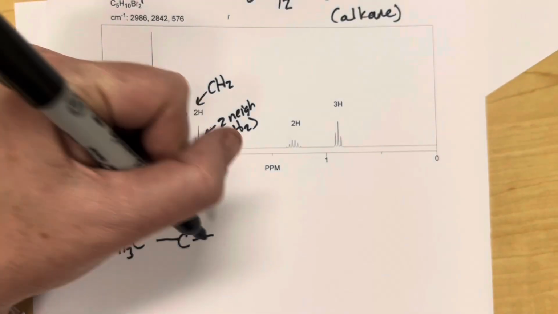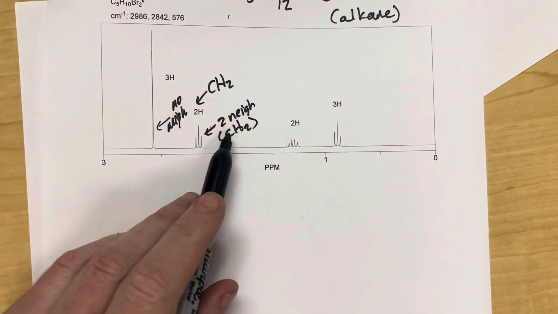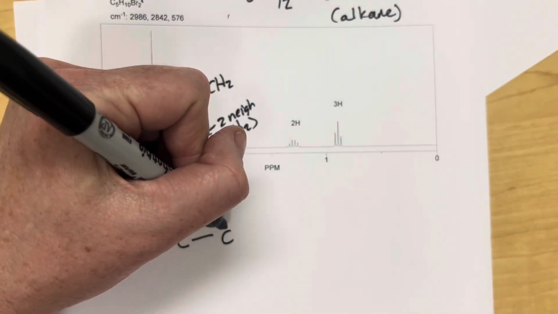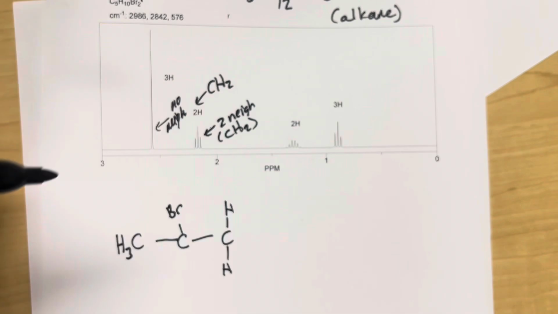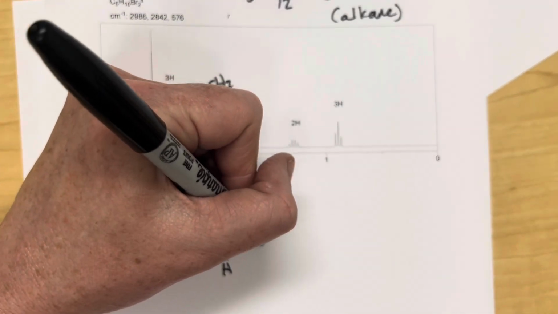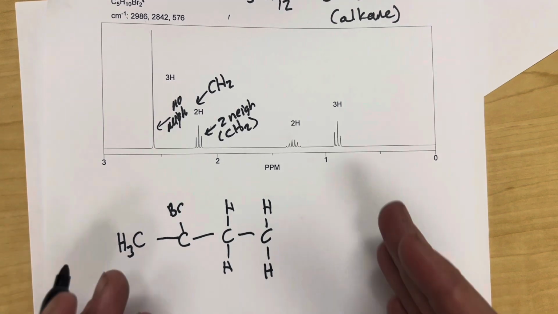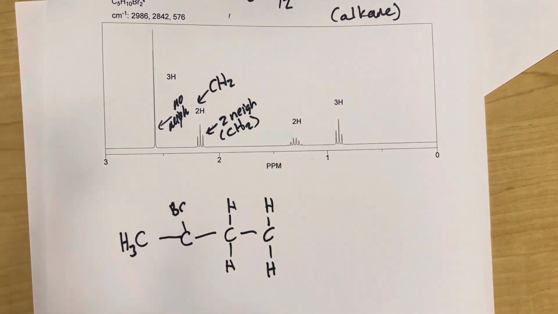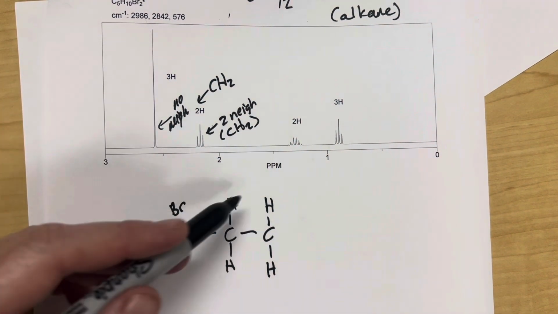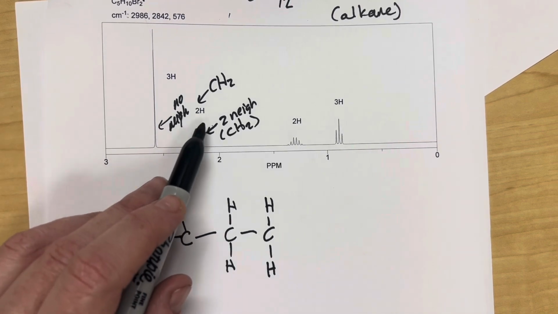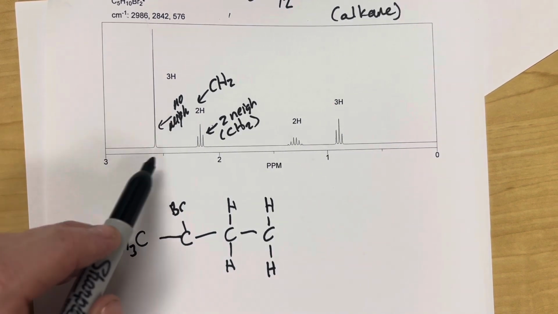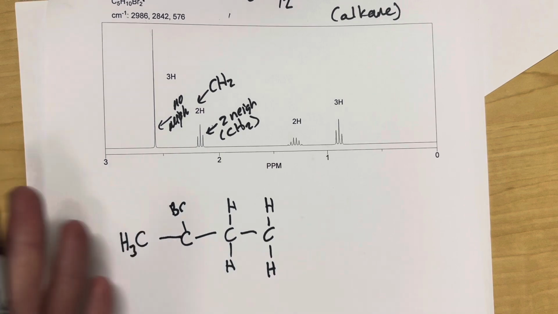And then I go to this next one right here. Again, this is a CH2, and I know that its neighbor has to be another CH2. And those are shifted relatively far downfield. Now, if you look right here, this first one was also pretty far downfield.